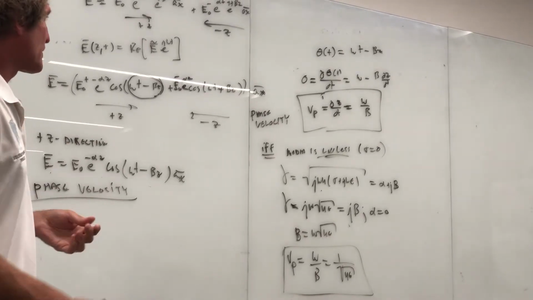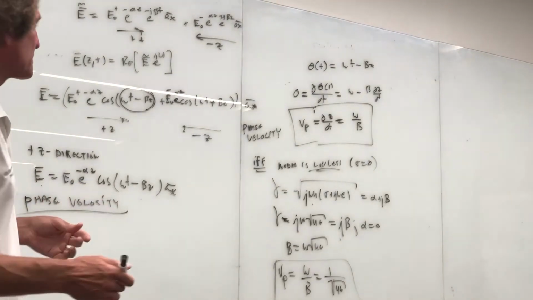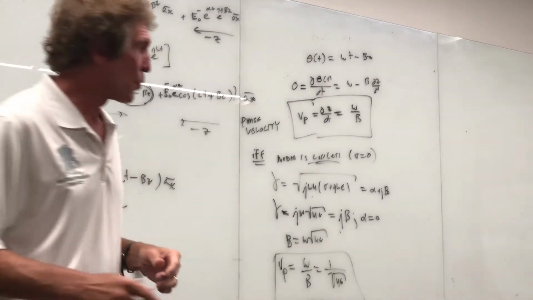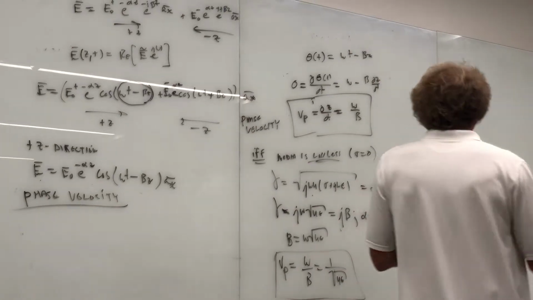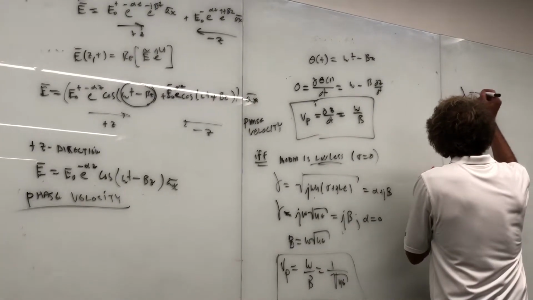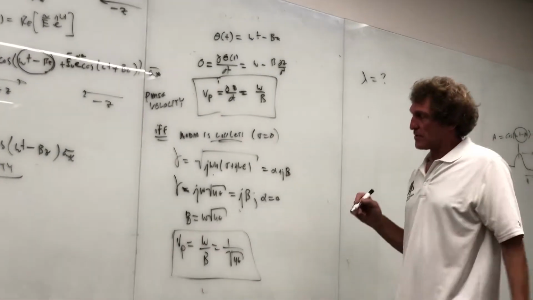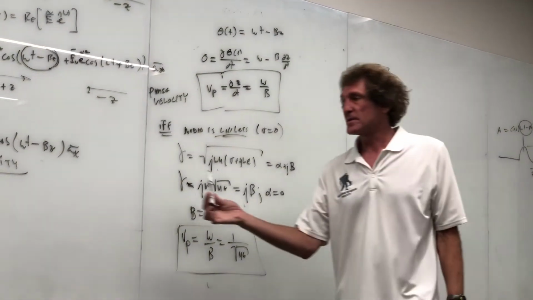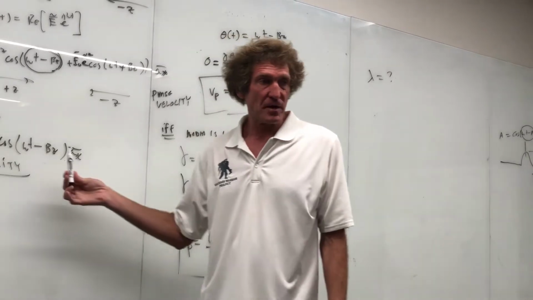Another thing, I don't always do this, but I think it's valuable to do this. The next thing we want to talk about is the wavelength. So what is the actual wavelength going to be? Well, do you remember how you get wavelength? First, you look at the equation that expresses the behavior of the field, right?